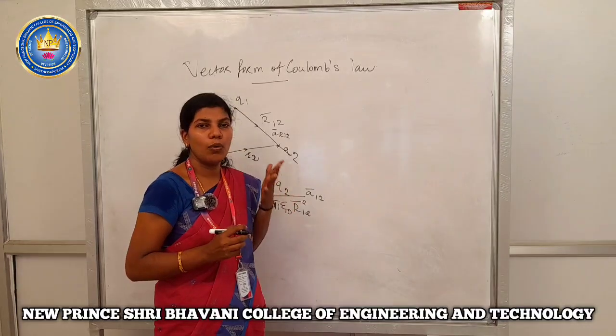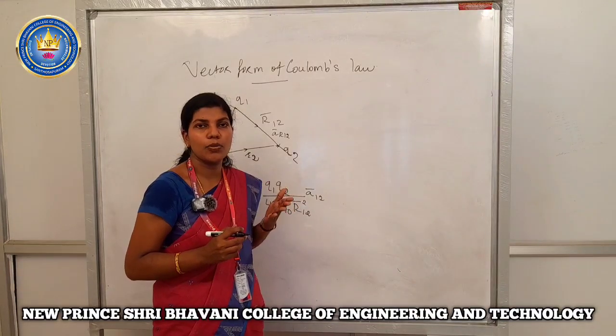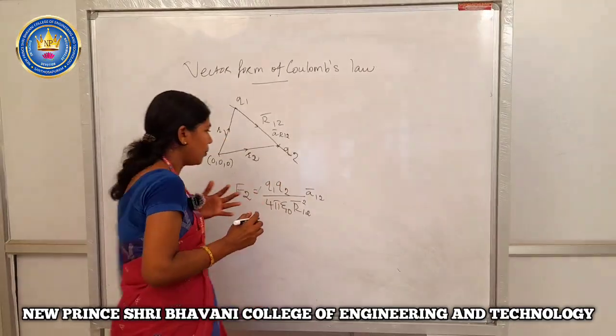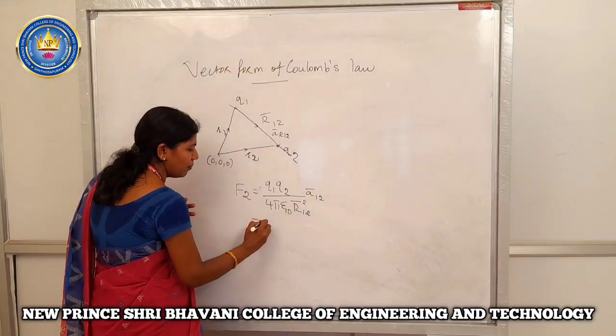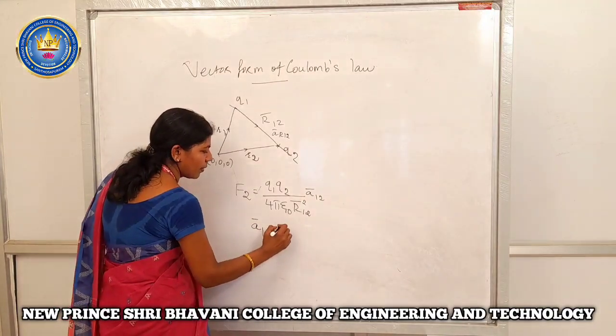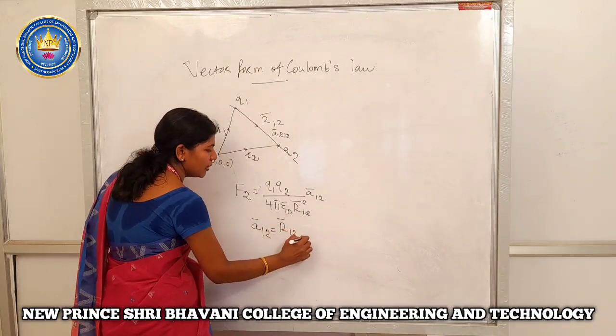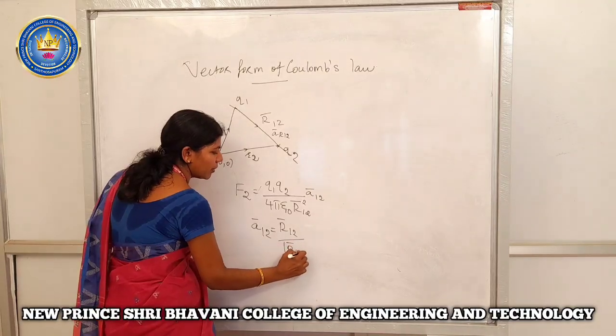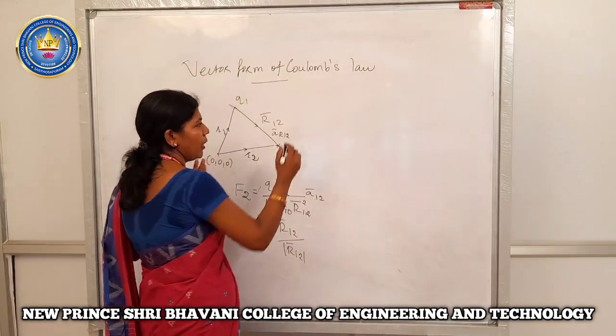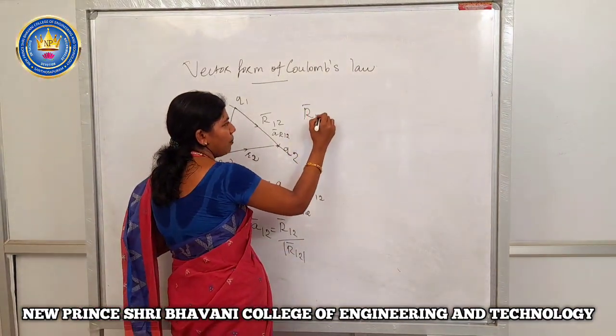A unit vector is used to represent the proper direction. So a bar 12 can be written as r bar 12 divided by modulus of r bar 12.